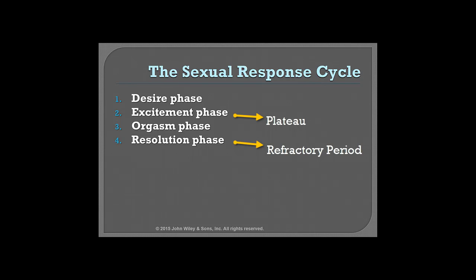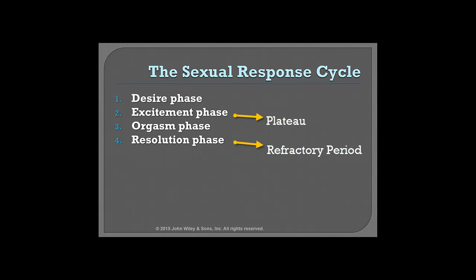The length of the refractory period can vary by person and can depend on sex. Women have a tendency to have a much shorter refractory period than men do, and it is thought that this shorter refractory period is what allows them to be multi-orgasmic.